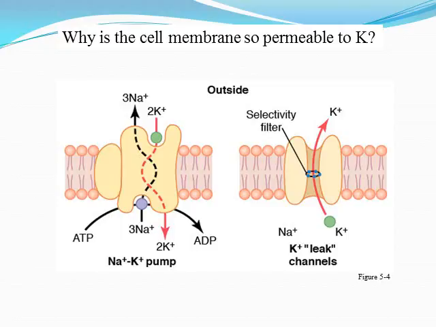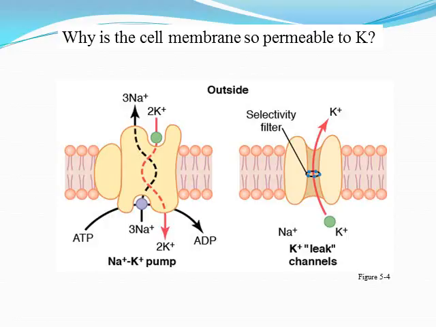So let's really briefly talk about why the cell is so permeable to potassium. Now, we know why from the big picture, but physically, why is the cell so permeable to potassium? It's because of the channels.